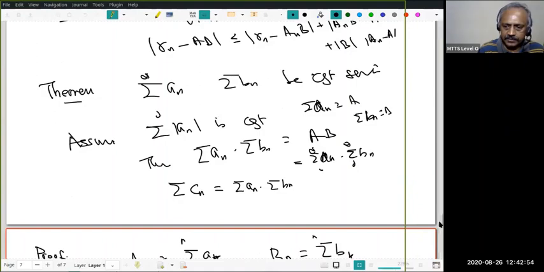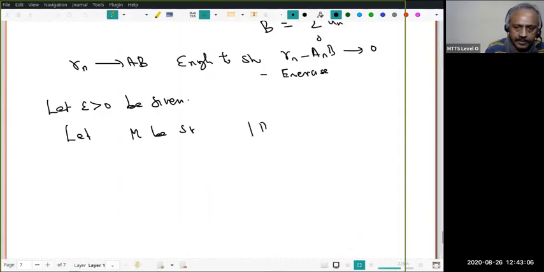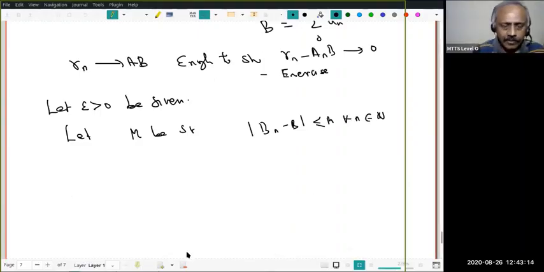Now I put it into use. Okay, let epsilon be given. Let M, okay, be such that modulus B_n minus B is less than or equal to M for all n natural number. You will wonder why I want that, right?